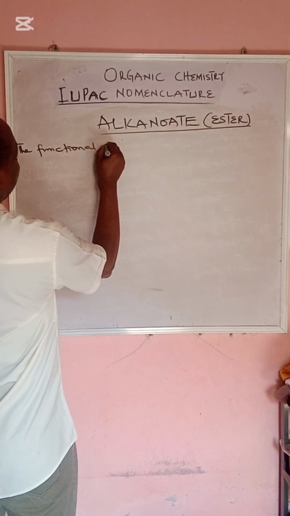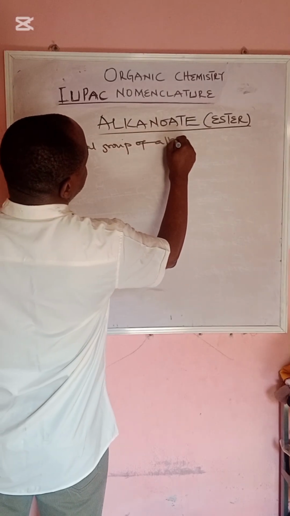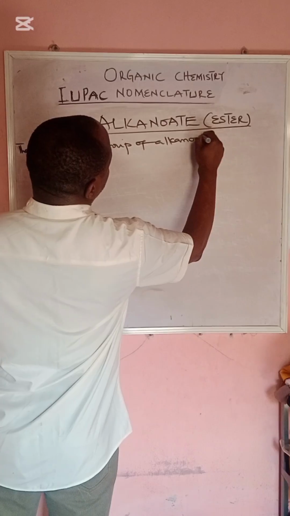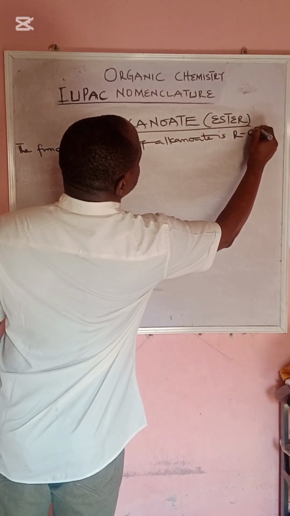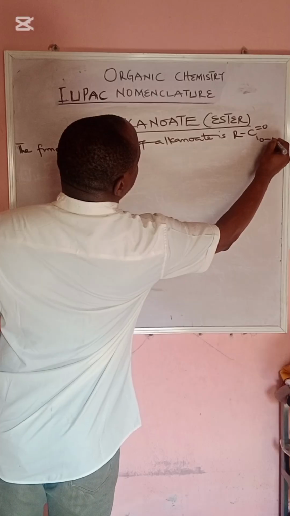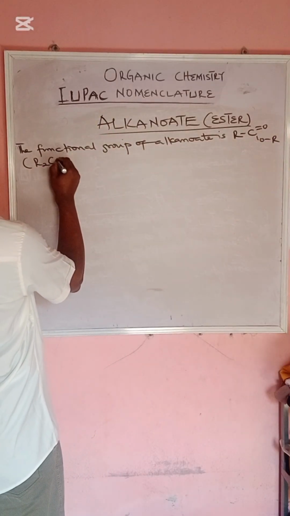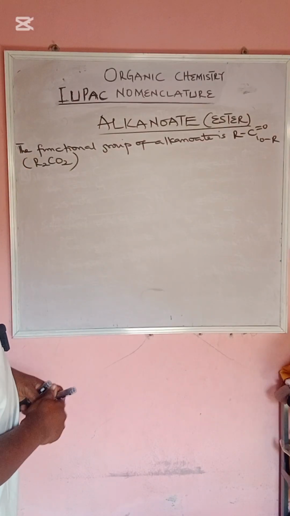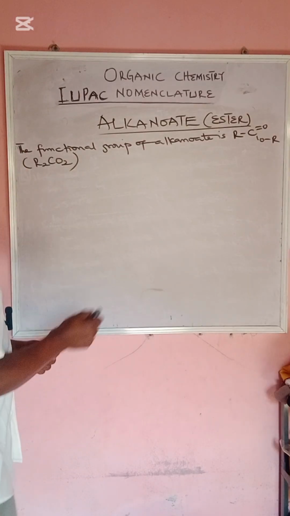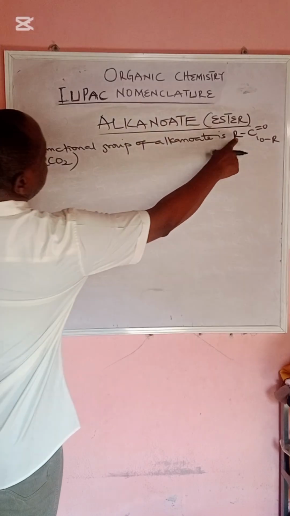The functional group of alkanoates is RCOOR. So it is written as RCO2R. Please take note of that. That's the functional group in alkanoates.